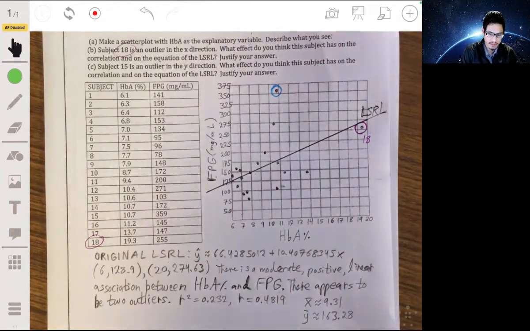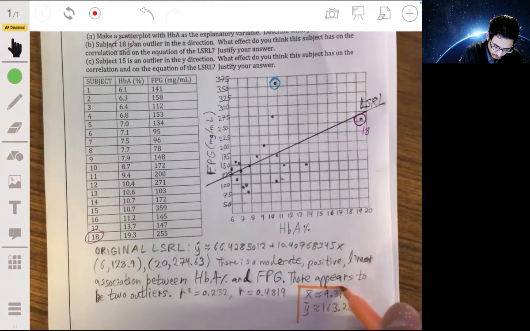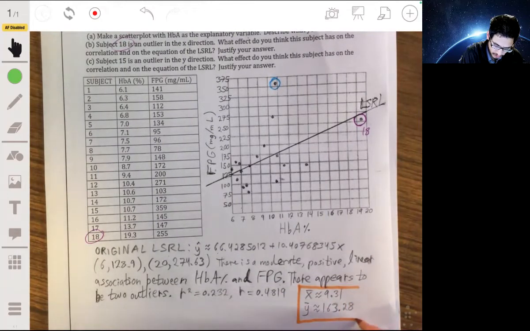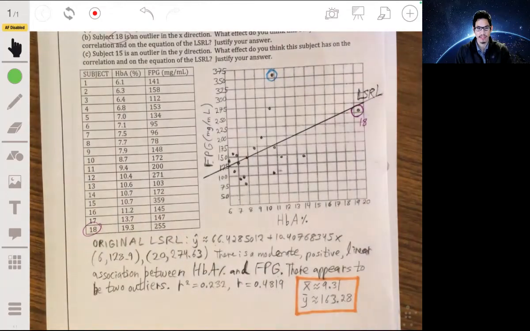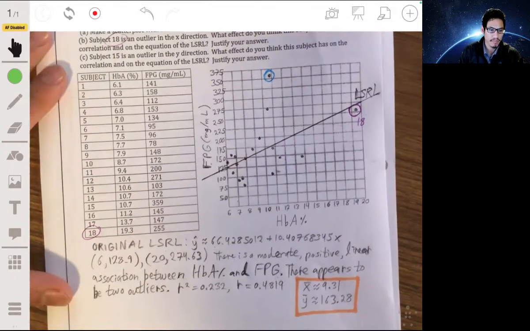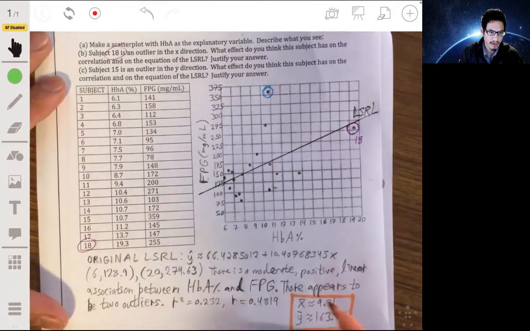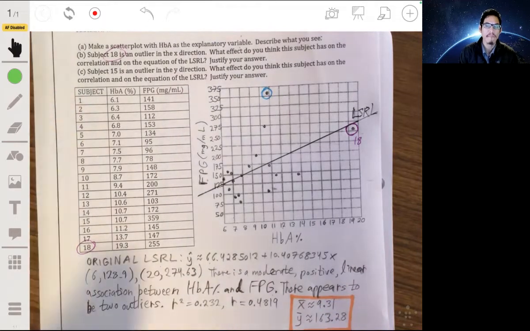Now I'm going to use a special color that I rarely use. Rare occasion, so this is a big deal. I want to find these because I want to draw what we call in physics the center of gravity, where the mean of X and the mean of Y both meet.